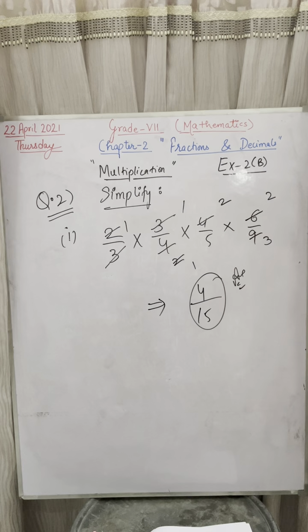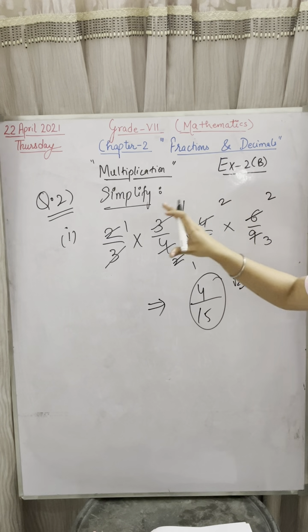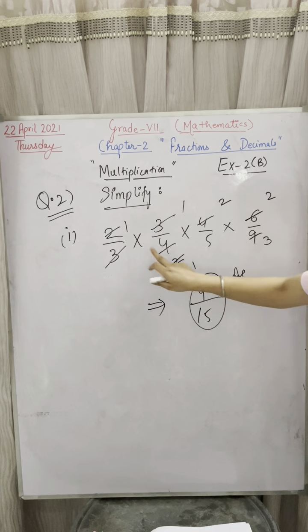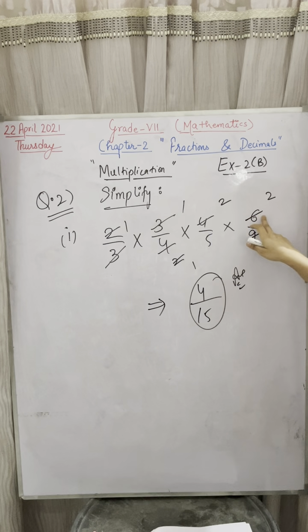Any doubt in the simplification? In simplification, more than 2 or 3 rational numbers will be given to you. Fractions will be given to you. You can see 2 and 3 I can't cancel. 2 and 4 I can cancel. This 3 and 3 I can cancel. This 2 and 4 I can cancel. 5 and 6 I can't cancel. 4 and 9 I can't cancel. I can cancel 6 and 9 on the 3 table.